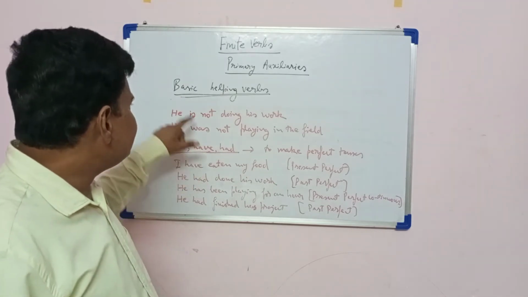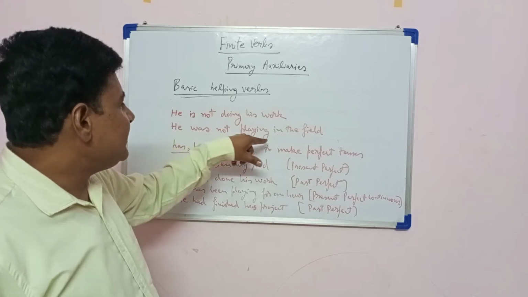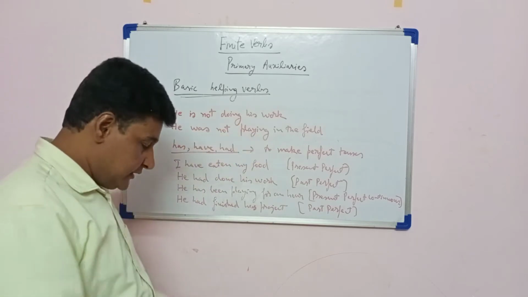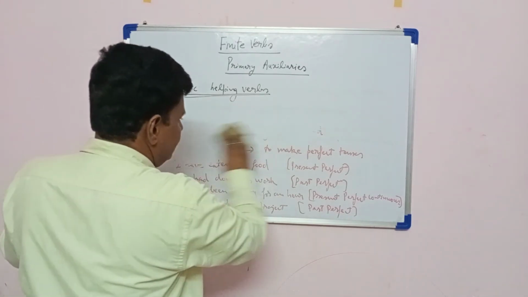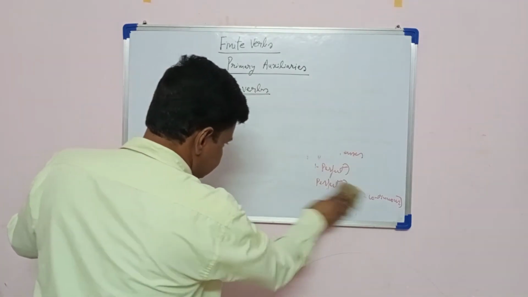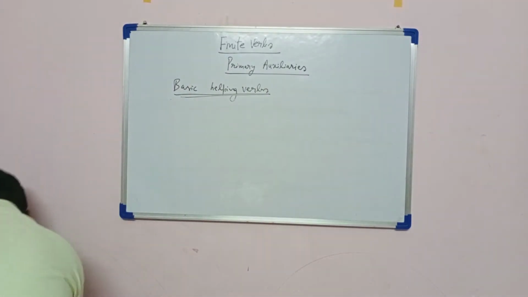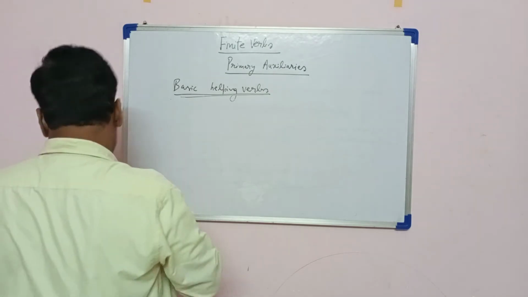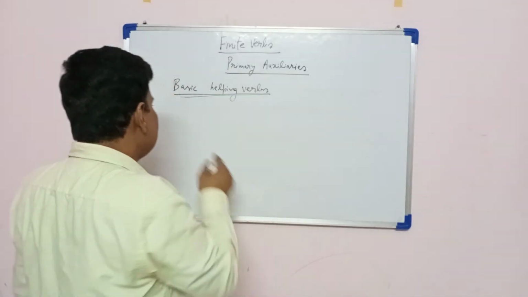Let's have a quick revision. He is not doing his work. He was not playing in the field. Now see some examples of simple present. He does not go to school.